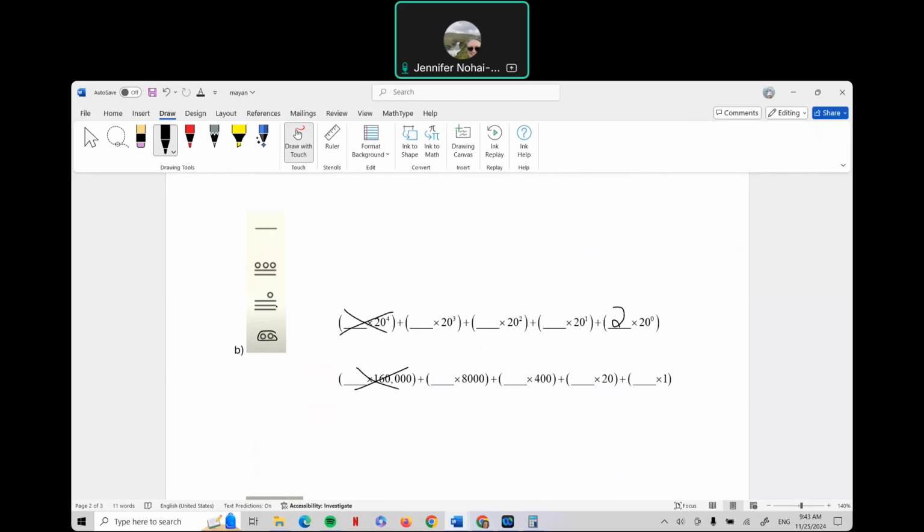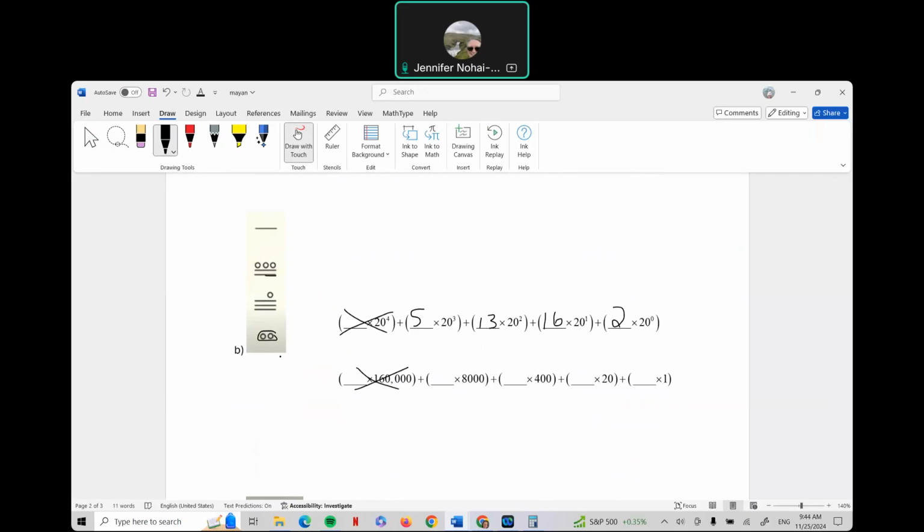Next one up, we have 3 bars. That's 5, 10, 15, plus 1 more gives us 16. Moving up, we have 2 bars. That gives us 5, 10, and then 3 more dots, 11, 12, 13 in the 20 to the second power. And moving up one more time, we have a single 5 bar.